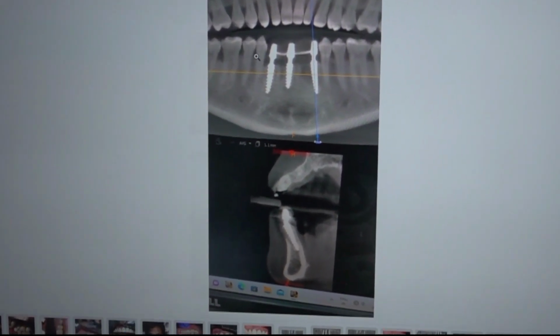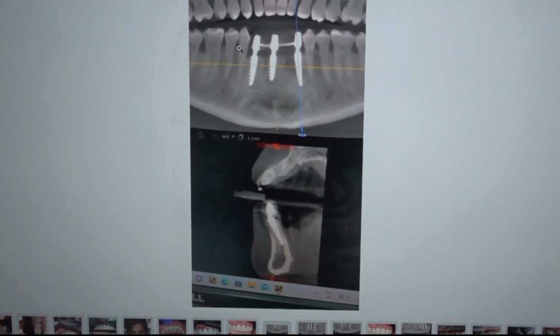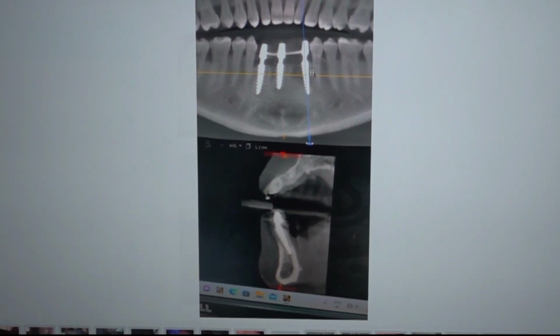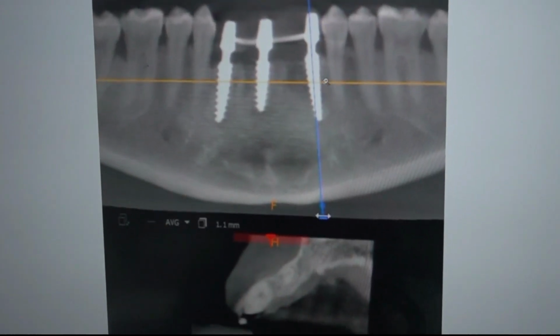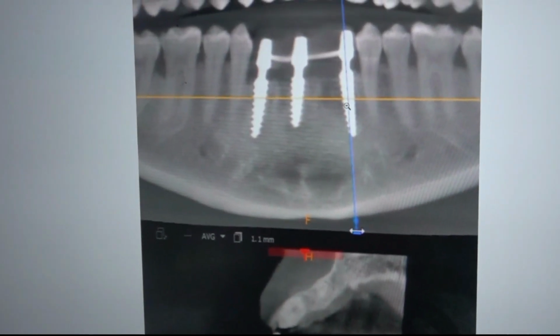So whenever you see X-ray like this, see how close the tooth is with the implant. The left side is little bit close. So this bone is under trouble, especially if you use a wider diameter.